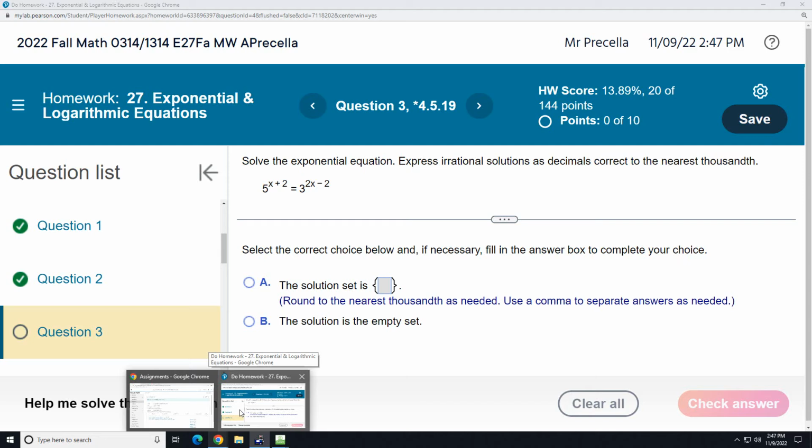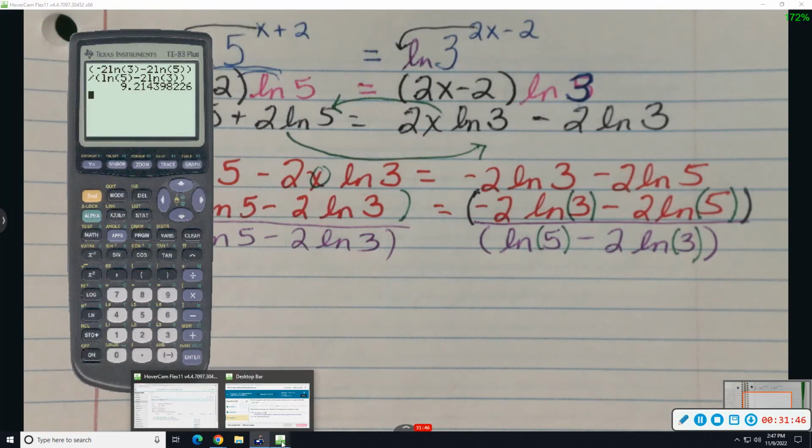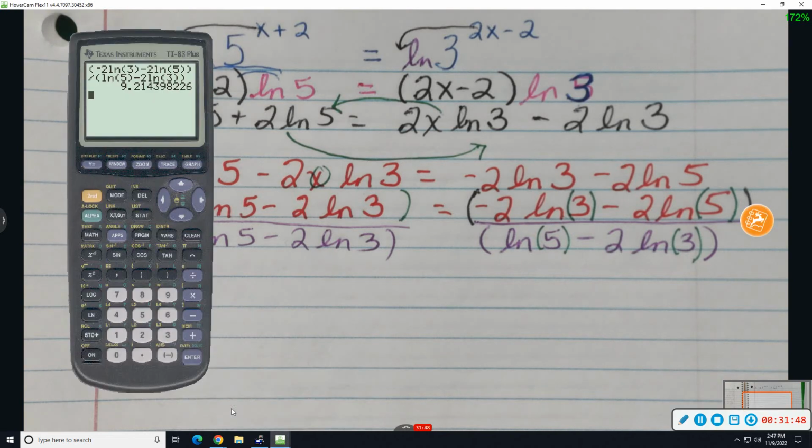Tenths, hundredths, thousandths, that's 3 decimal places. Okay. The other day a student asked, could they round it to 4 decimal places if they wanted? Well, I mean, you could do that, but it's going to count it wrong. Okay?